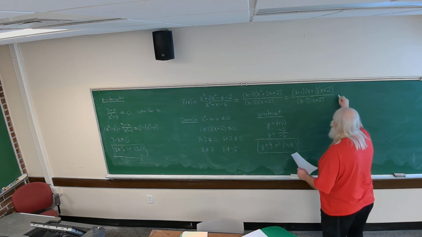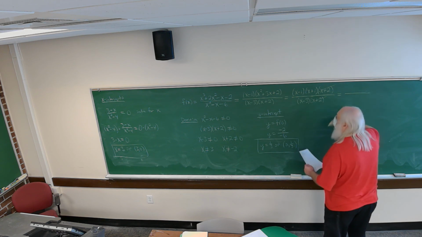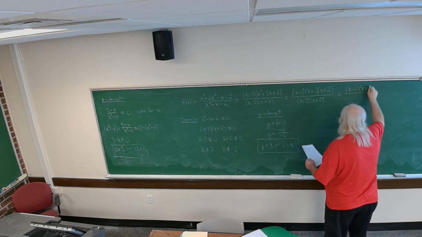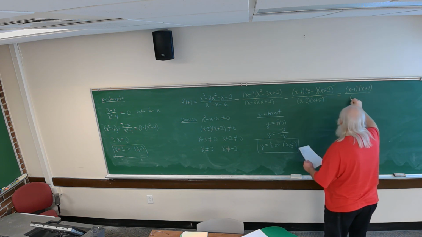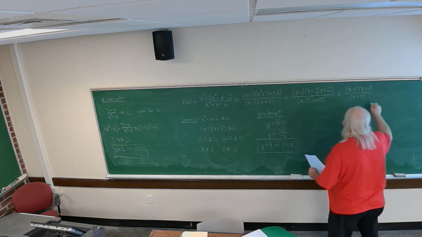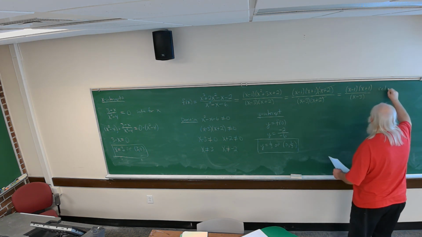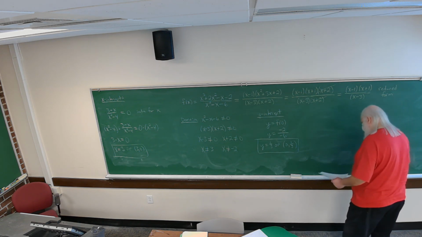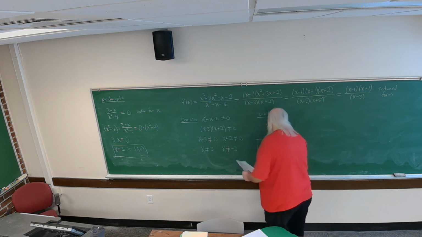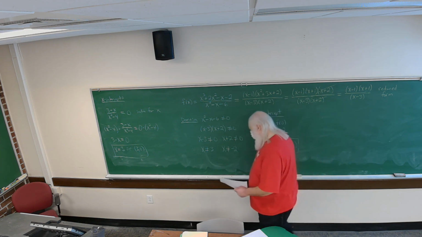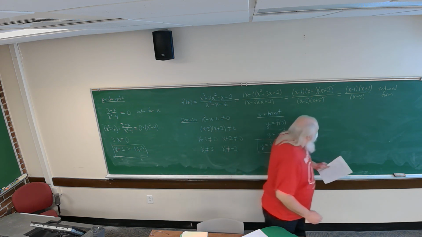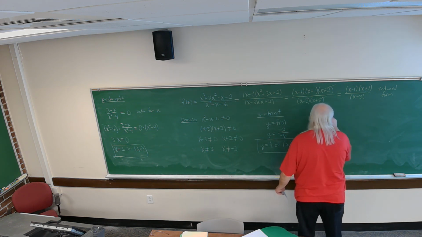Okay. So in reduced form, our function is equal to x minus 1 times x plus 1 over x minus 3. This is called reduced form. So I'm finding the x-intercepts.